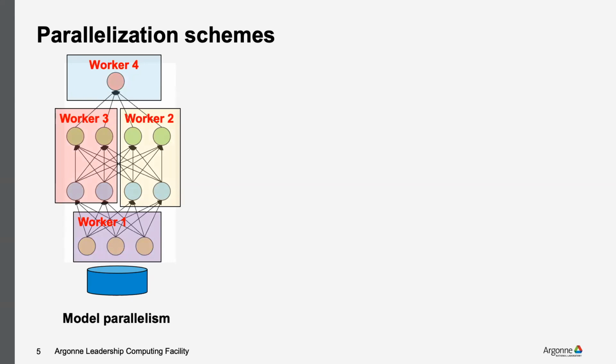The different workers work on the computation involved in the set of neurons distributed to them, and then of course they have communication. For example, the output of worker 1 will be sent to worker 2 and worker 3. So this is model parallelization.